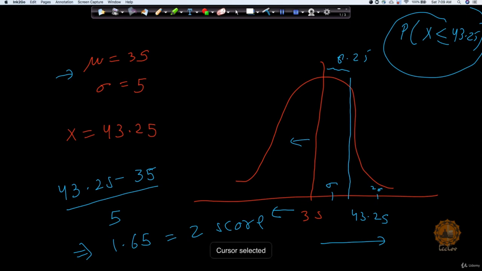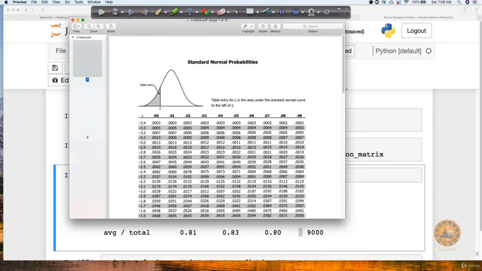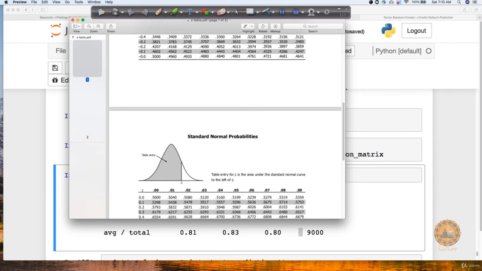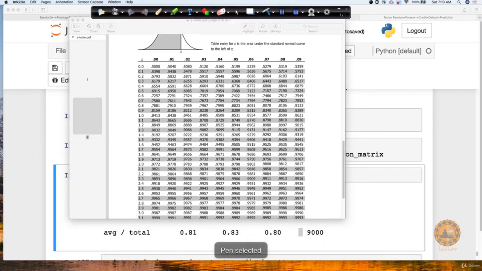In order to use this Z score, let me open up a Z table and show you what that looks like. So this is my Z score table, and in this table, I have to get the value of 1.65. How do we generally look at this? Here we have to look at 1.6, so we will look at this particular row, and we look at this particular column.